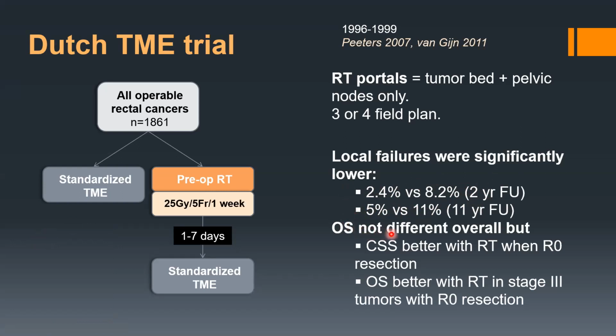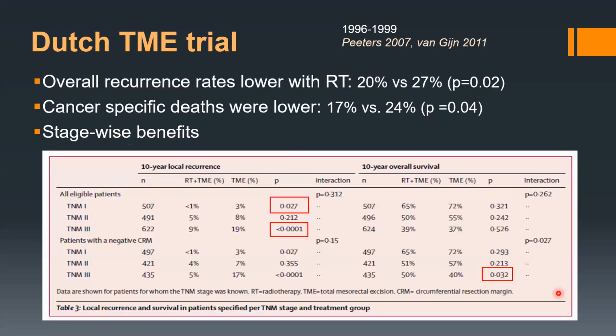The overall survival was not different, but the cause-specific survival was better with radiotherapy when R0 resection was performed, and OS was better with radiotherapy in a subset of patients with stage 3 tumors with R0 resection. So this table shows what I just mentioned, that the 10-year local recurrence in tumors was significantly reduced. And in patients with a negative CRM in TNM stage 3 tumors, the overall survival was also improved.